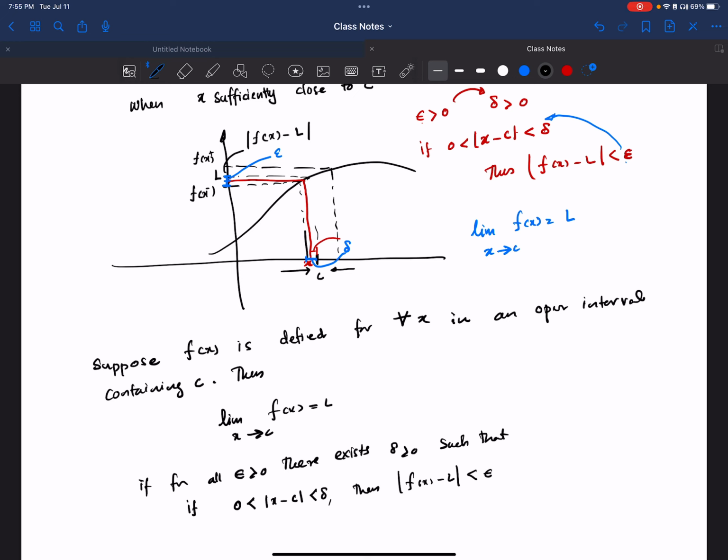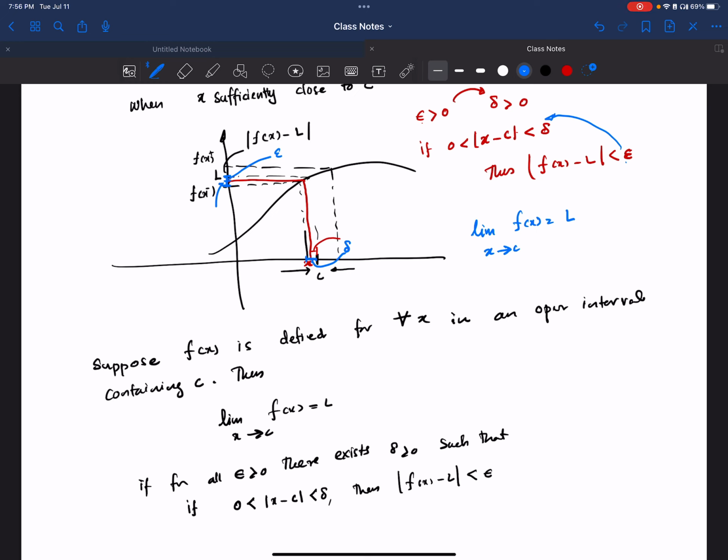So what does that mean? That means again, we can find a very small difference epsilon greater than 0, and you should be able to find some delta value between x and c.